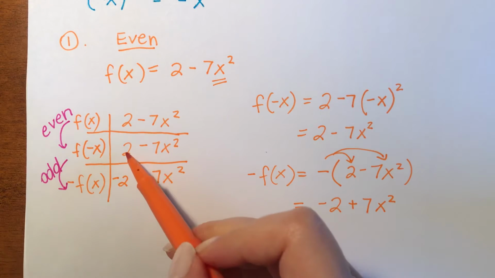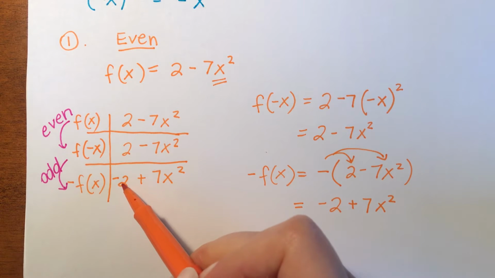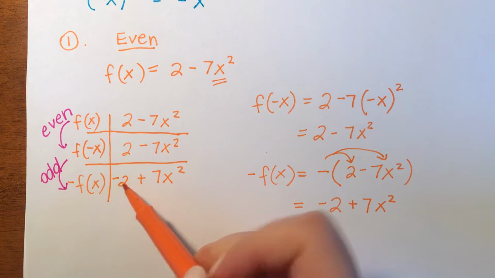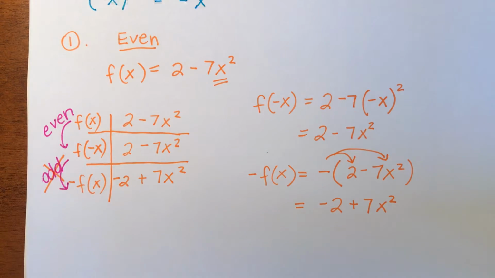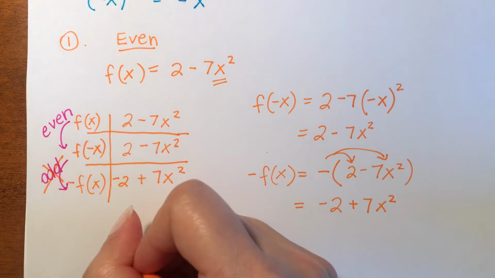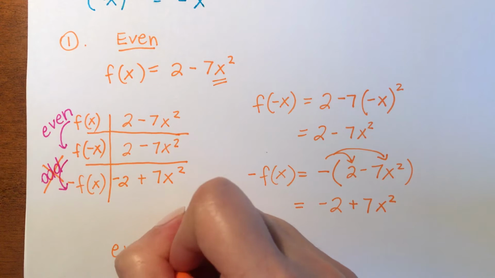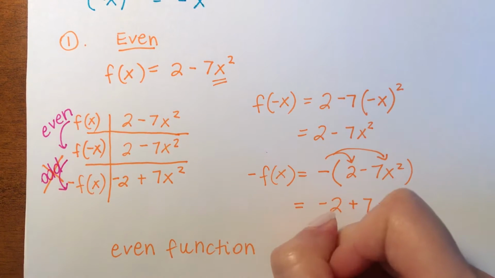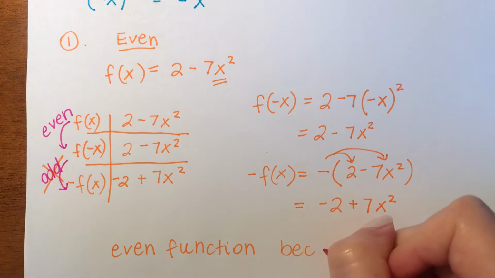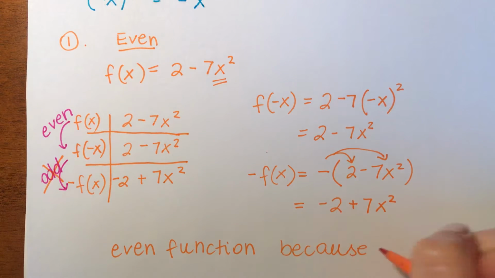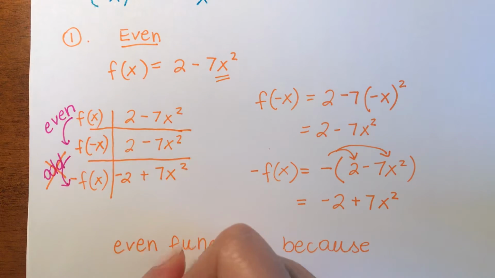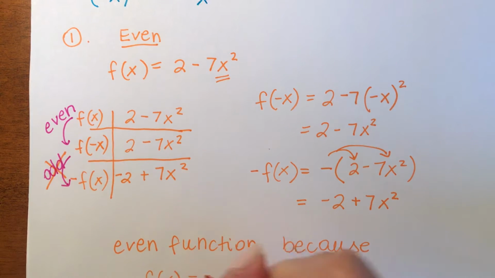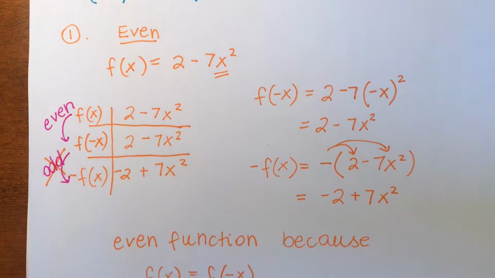So hopefully you can see that the middle row and the last row are not the same. They're actually opposite. So this is not an odd function. That means it's an even function. So it is even function because f of x equals f of negative x, okay?